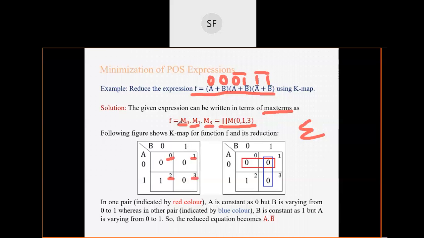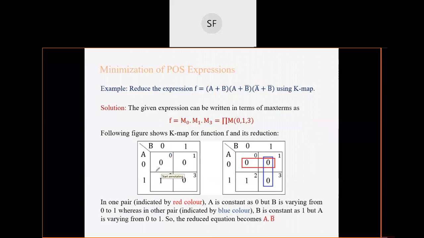Since in the output function m0 is present, you have to put 0 here. m1 is present, you have to again put 0. m2 is not present, so either you can keep it blank or you can write 1. m3 is also present, so again you have to write 0. Okay, so now this is the mapping.